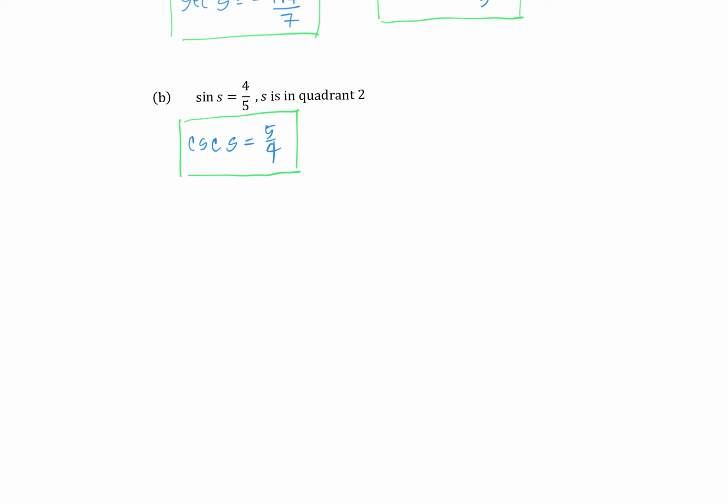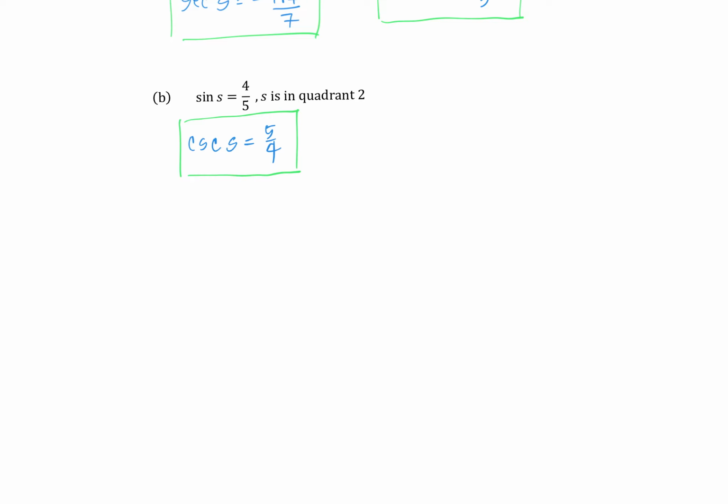Notice that I have that cosine squared plus sine squared is equal to 1. And I have sine, so I can actually find cosine, even though that's not part of the question. I can still find cosine by using the Pythagorean identity. And once I have cosine, then I can find its reciprocal, which is secant.